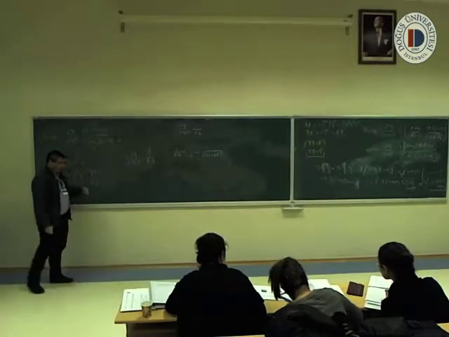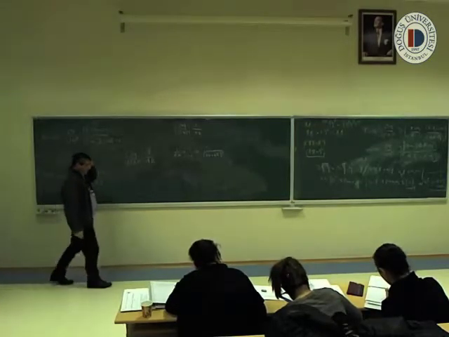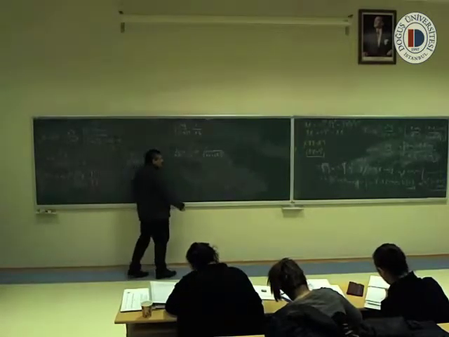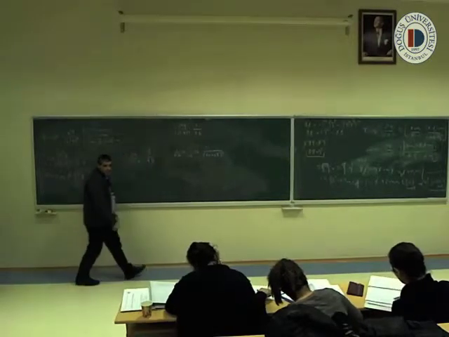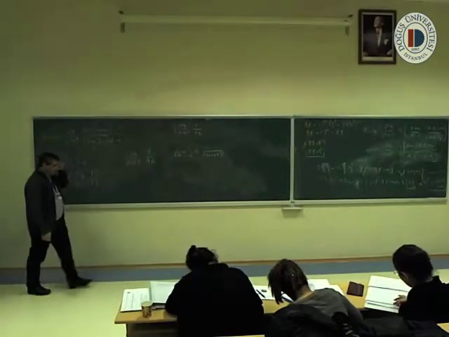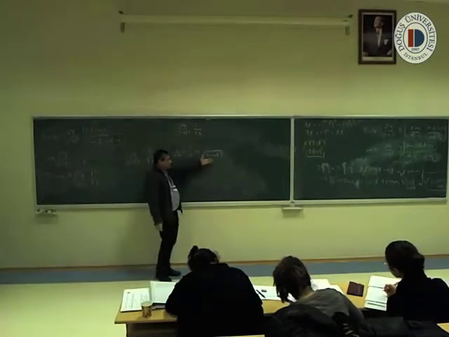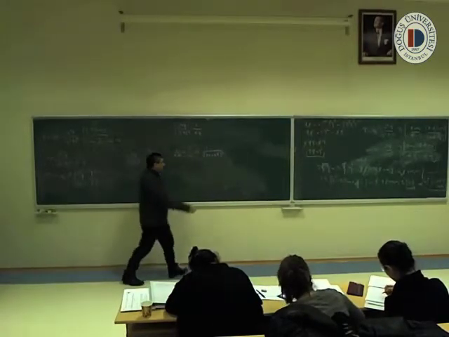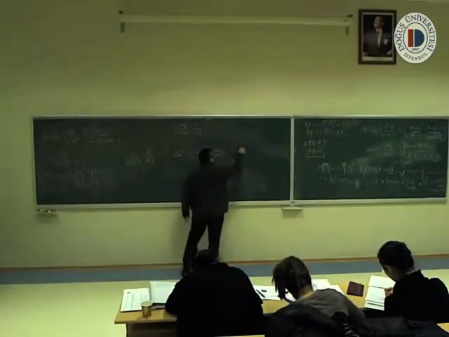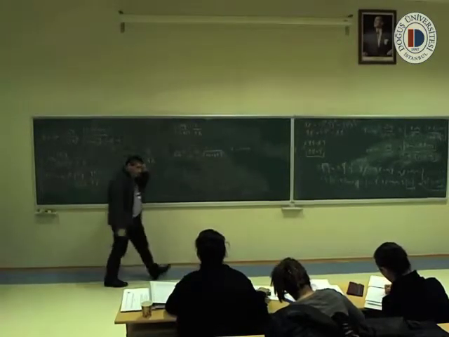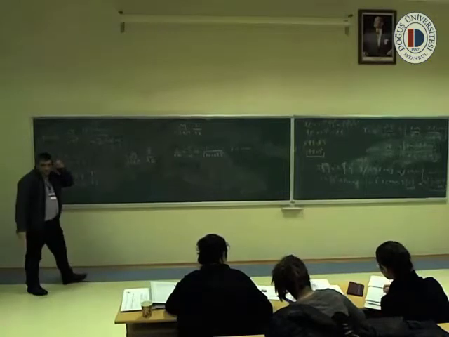This is valid for every a and b. You can show it by yourself, doing the integral over x. And x bar here is 1 minus x. This method is the so-called Feynman parameterization method.